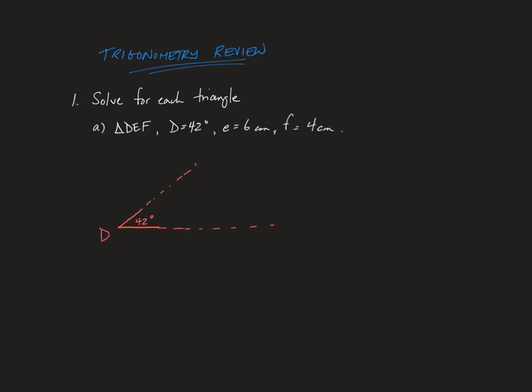What I'm now going to do is start to put in all the lengths that I've been given in the problem. And so I've been given side E and side F. Well, if this is angle D, then side E and side F have to exist as the rays of D. So maybe I extend this ray to what I would estimate to be 6 centimeters.